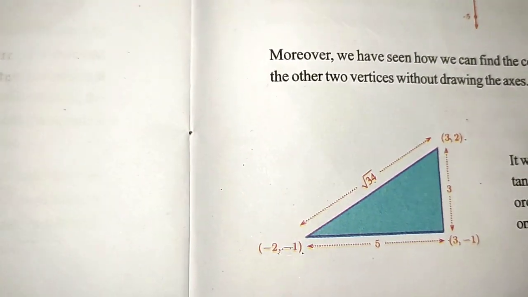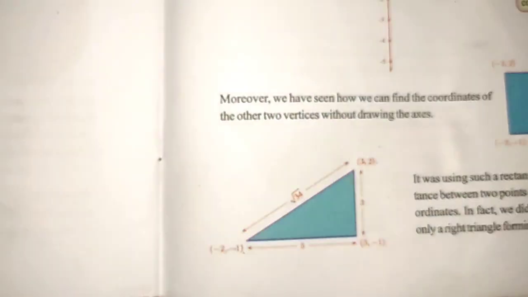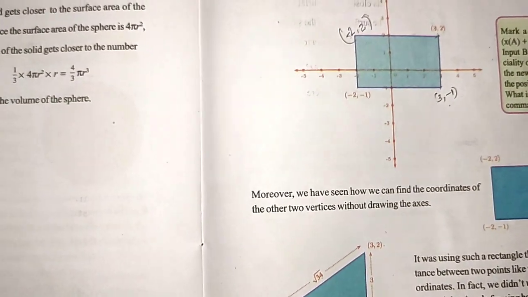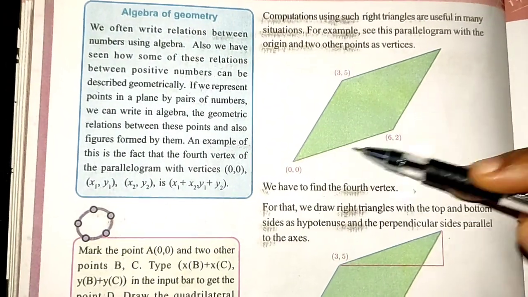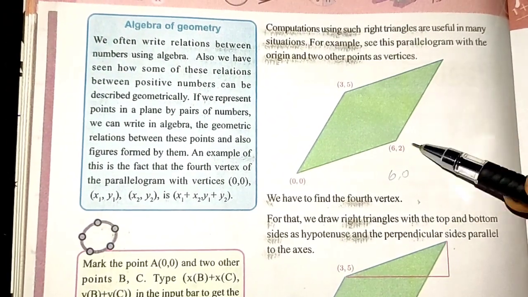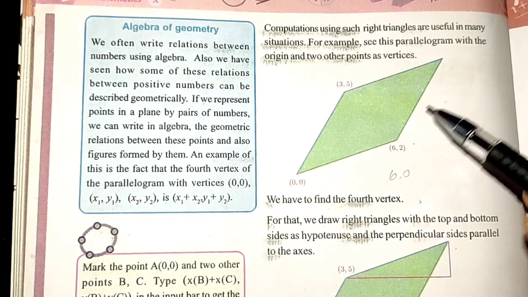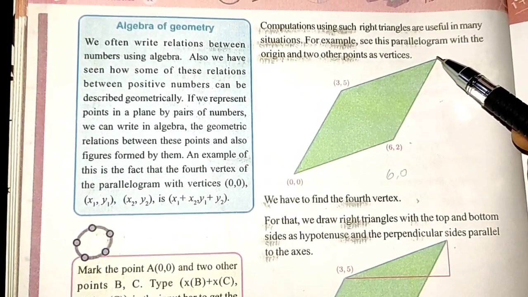In this chapter, as we did in the 6th chapter, we need to find the fourth vertex of another quadrilateral, the parallelogram. Here you can see a picture. What is this picture? Yes, this one is a parallelogram. What are the specialities of a parallelogram?